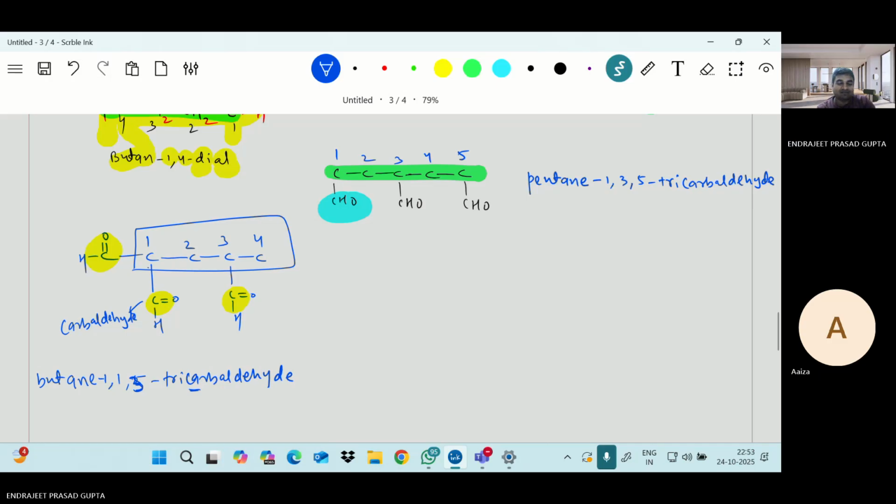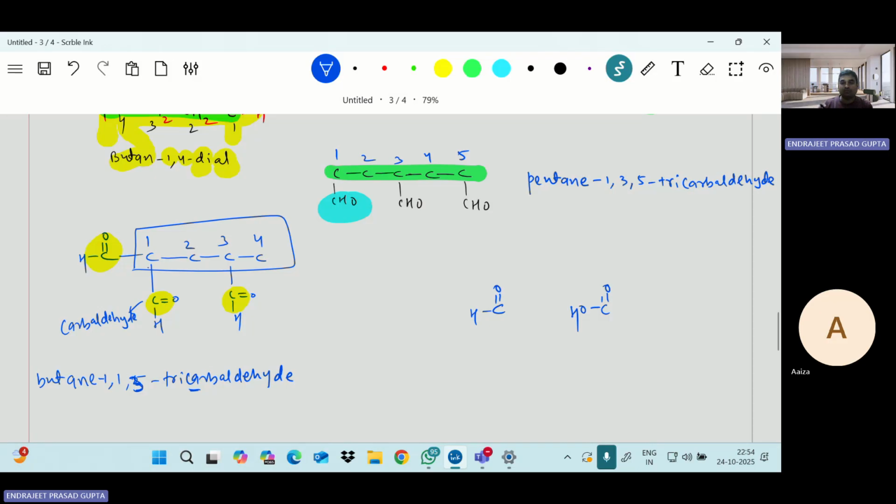Sir, what does terminal functional group mean? Terminal functional group means the functional group C double bond OH, C double bond OOH. A terminal functional group is always present either at the end of the carbon chain or at the beginning of the carbon chain.